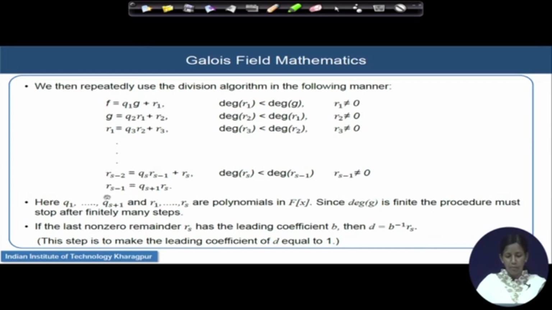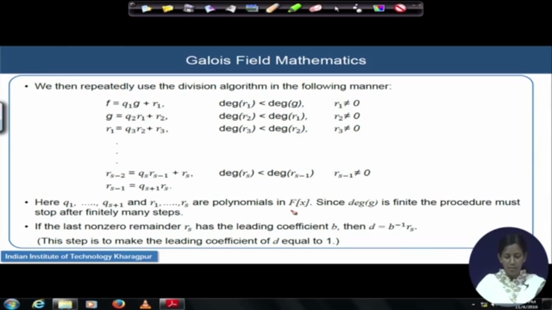If I go ahead like that, we will end up with an expression for r(s-1). All these q1 to q(s+1) and r1 to rs, we have said, should all be polynomials that belong to the same field F[x]. And since the degree of g is a finite number, with a finite number of steps the division algorithm should stop.